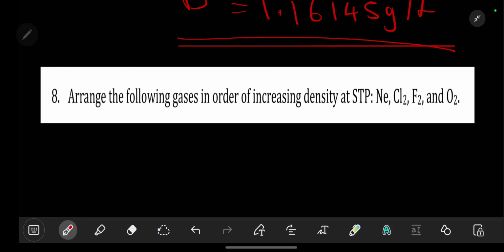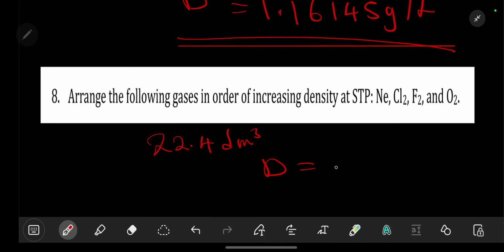Let's say we are told to arrange these gases in order of increasing density. So how do we arrange these? If it is STP, it means the volume is the same, which is 22.4 cubic decimeters.